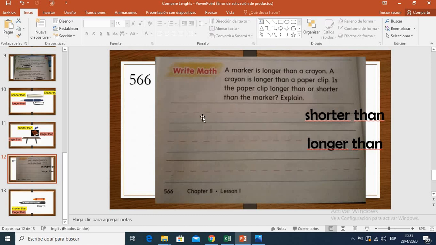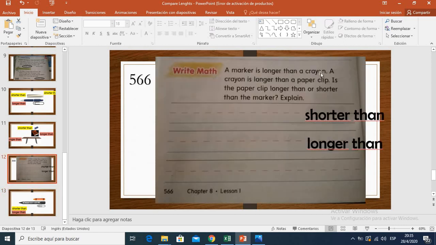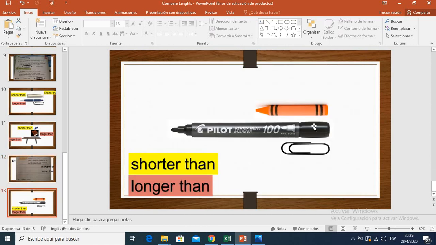Now, let's do the last part. We usually don't do this part, but this time we can do it, because listen. A marker is longer than a crayon. So we have three objects again. Marker, crayon, and paper clip. So, a marker is longer than a crayon. Look. The marker is longer than the crayon.